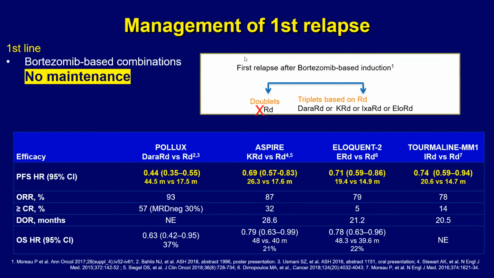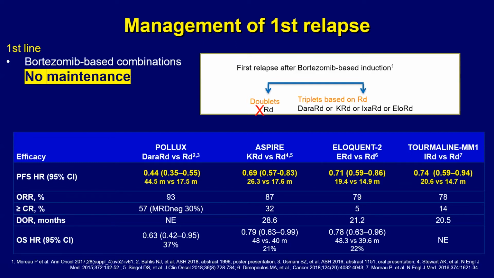In the ASPIRE study, KRD, carfilzomib-RD versus RD, also showed some improvement in the form of progression-free survival, as well as the CR rate and duration of response, and also overall survival, with a hazard ratio of 0.79 and overall survival of 48 versus 40 months.